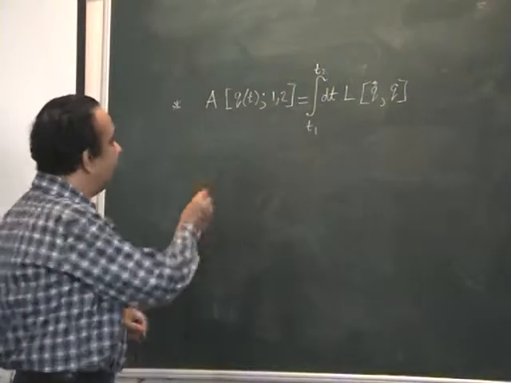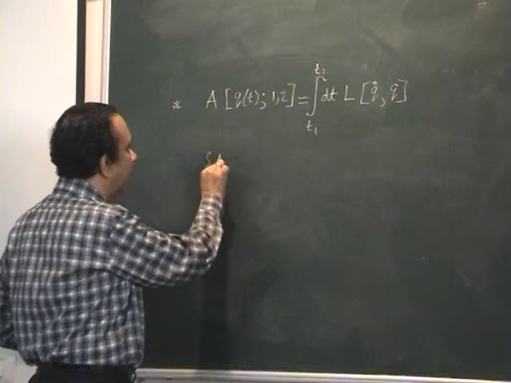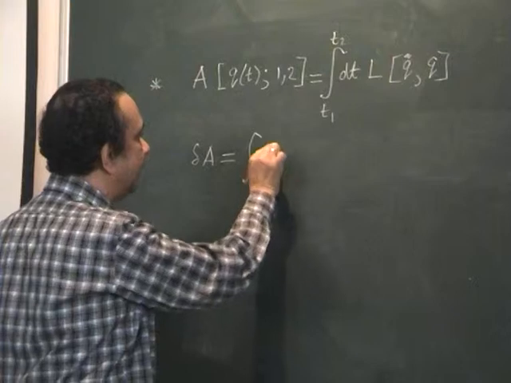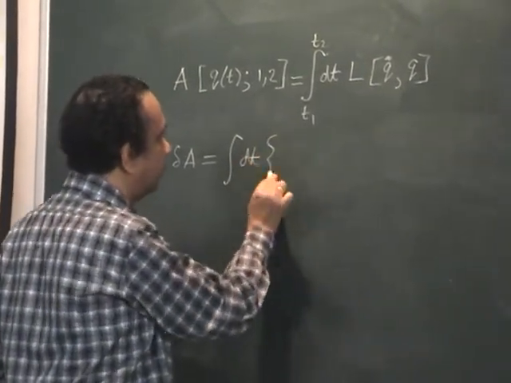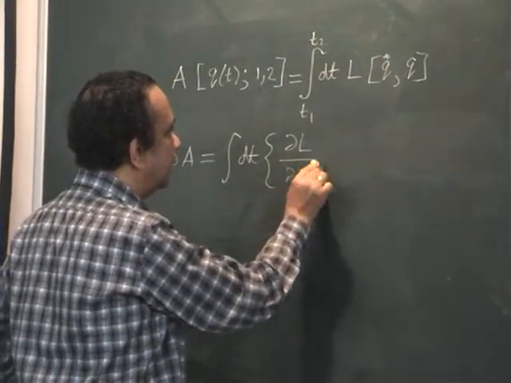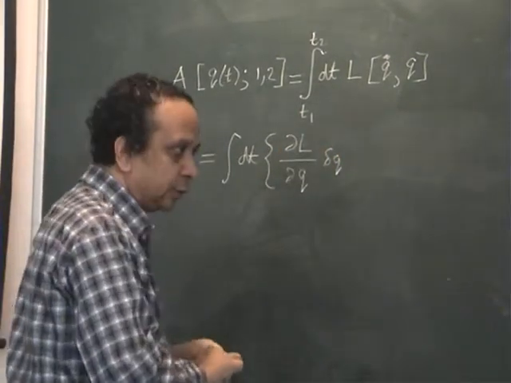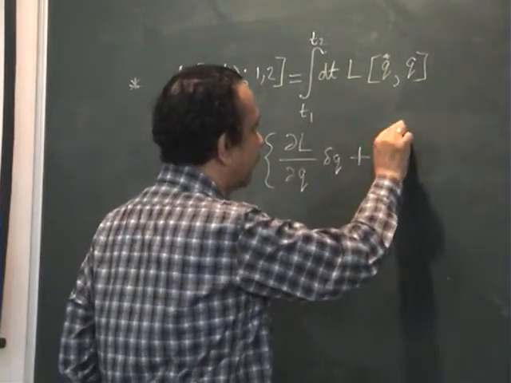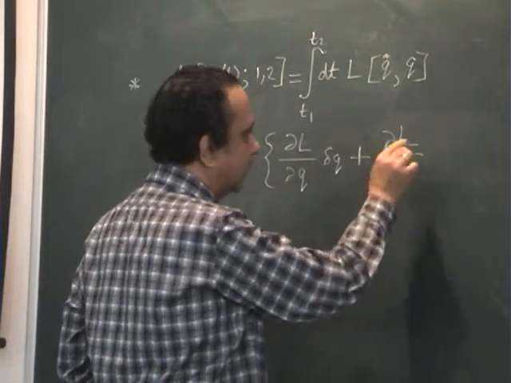So let us consider the variation of this action when the functional changes by a small amount. Okay, so you are going to do the usual classical mechanics integral dt, and you have two terms: dL by dq delta q plus dL by dq dot delta q dot.